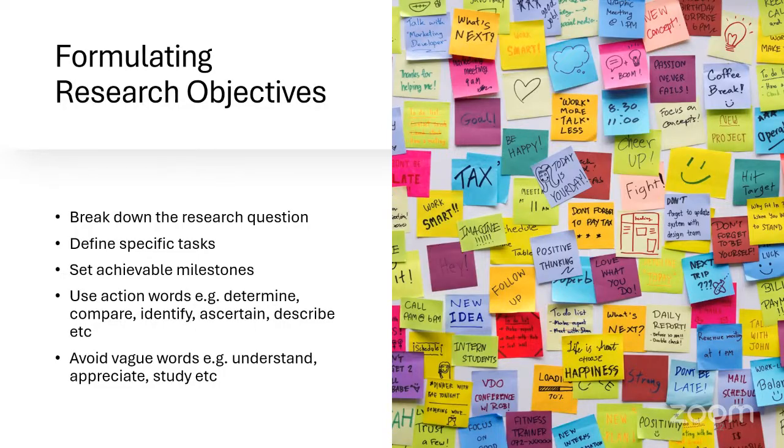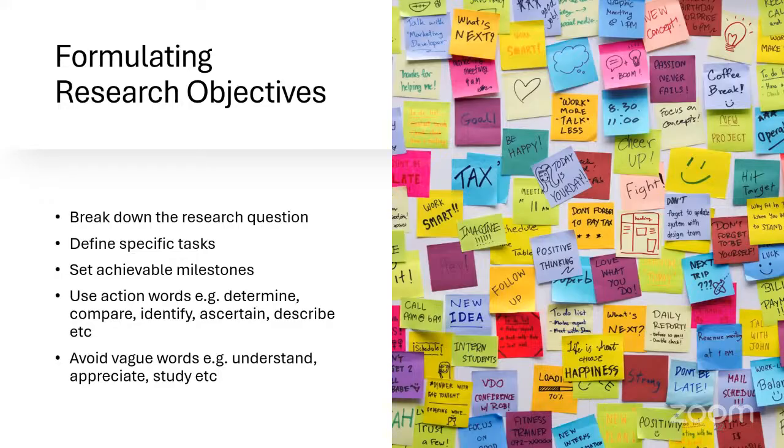Words like determine, compare, identify, ascertain, describe are action words that have measurable meaning. You can determine something, you can identify something, you can compare. So they have meanings that are researchable and measurable.